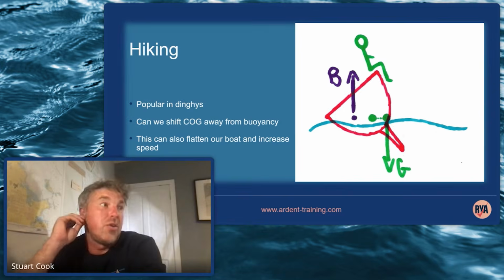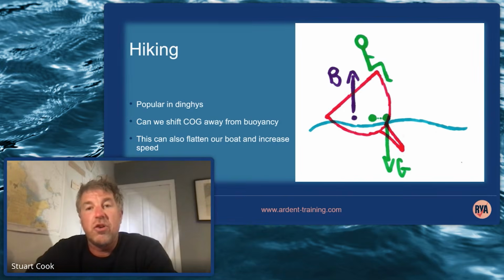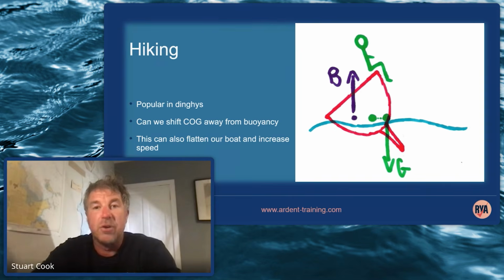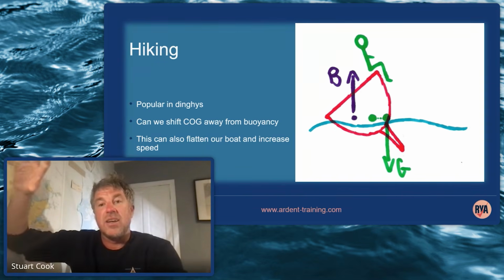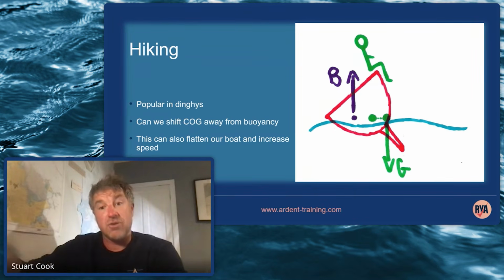Hiking, I don't know if that's quite the right word for it, but I've got a little picture of someone sitting on the side of the vessel here. That's another way that we can shift our center of gravity. Now it's popular in dinghies, but they'll also do it on racing boats as well. And rather than having everybody sit in the middle or sit in the cockpit or sit down the low side, if all the crew move up to the high side, then they'll actually shift the center of gravity of that vessel outwards.